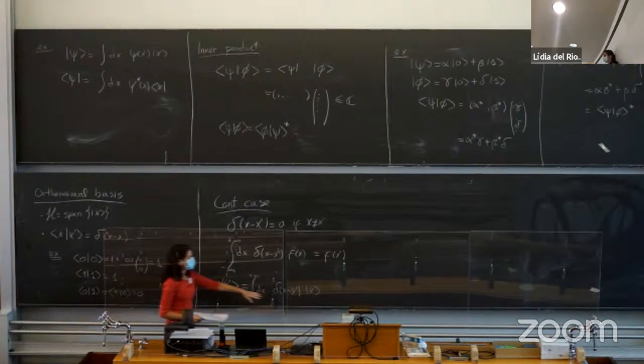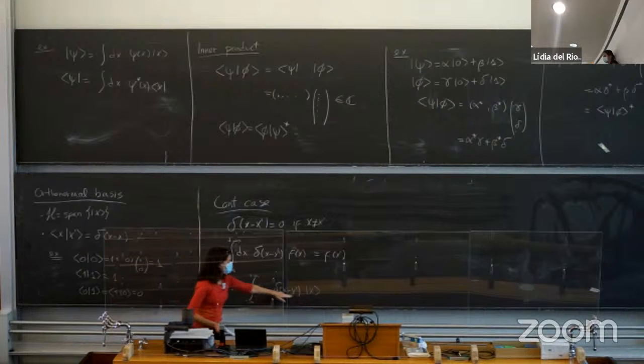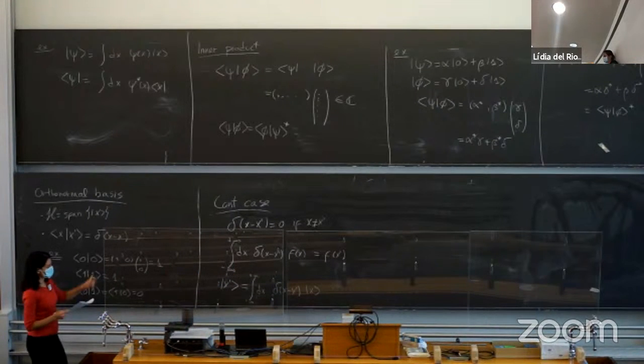If we apply the property here, well, this f doesn't need to be just a function. It can also be a vector or whatnot. This will just evaluate to |x> at this point, x prime. This will be useful because now let's look at inner products in the continuous case.